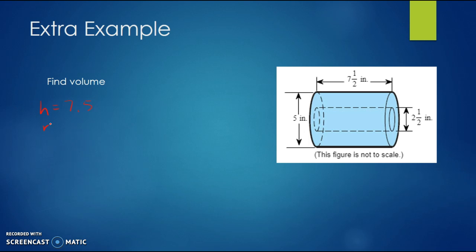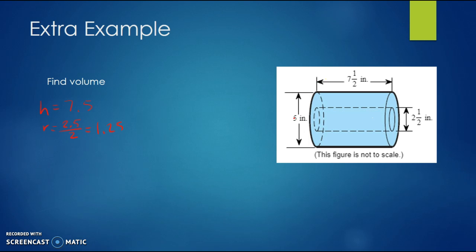We have the radius for our small, and a lot of times they'll call that little r. So right now we have diameters. So I need to find the radius of the small, I'm going to take 2.5 and divide by 2. Because we are given diameters and I need a radius. So 2.5 divided by 2 will give us 1.25.